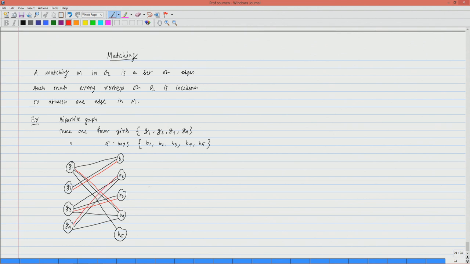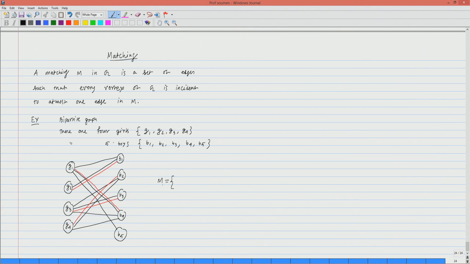So, here this is the matching. The matching M that I talked about consists of 4 edges. You can't match G1 with B2 because G1 does not prefer B2. So, you have to find a subset of these edges. You can't just arbitrarily match G1 with B2.